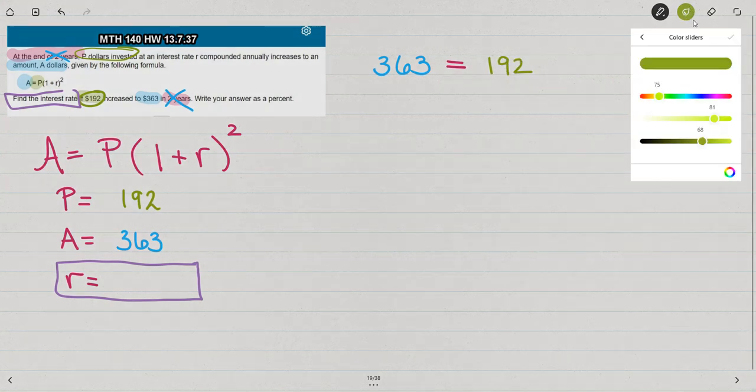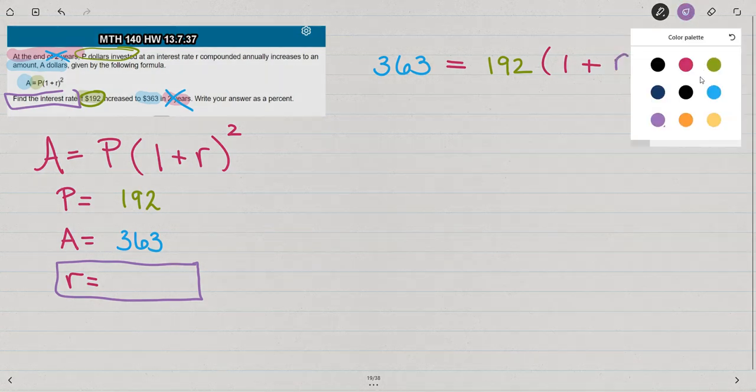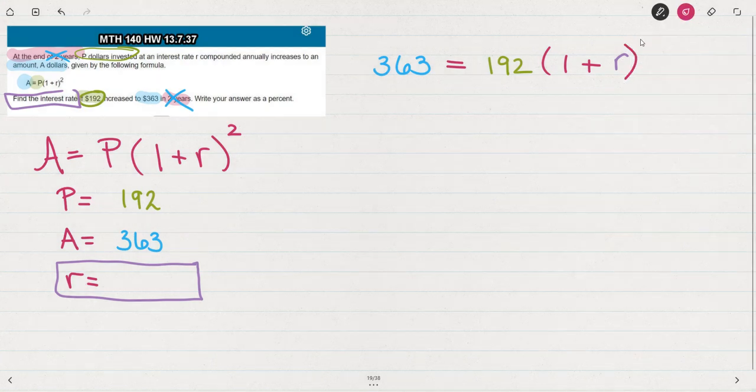And then we have times the quantity of 1 plus the interest rate, quantity squared. So all I've done is copied the formula. A equals principal times the quantity of 1 plus the interest rate, quantity squared.